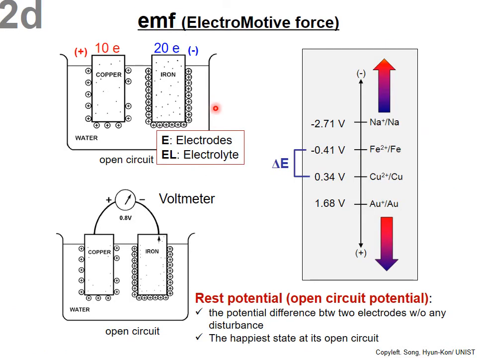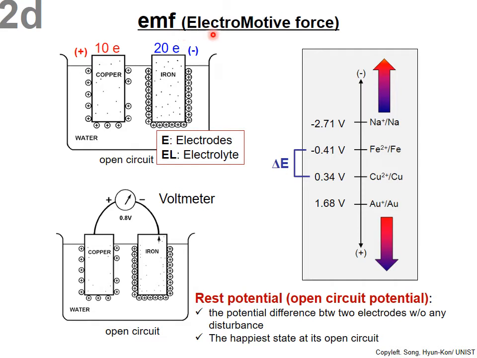Let me discuss the electromotive force, shortly EMF. What is the EMF? You have just learned about the electron flows or electron transfer from one material to the other material. One makes this kind of flow of electrons.